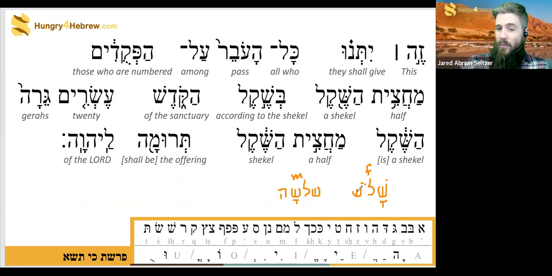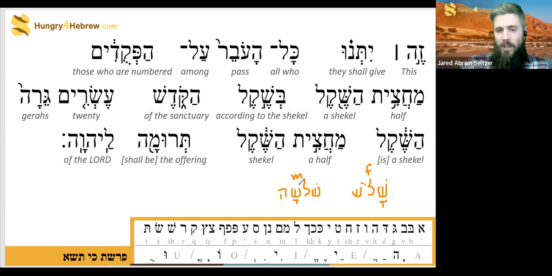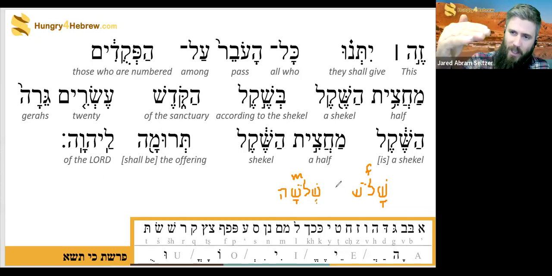So if I have 3 girls, I would say shalosh banot. But if I have 3 boys, I would say shlosha banim. So all the numbers from 3 up to 9 follow this pattern.